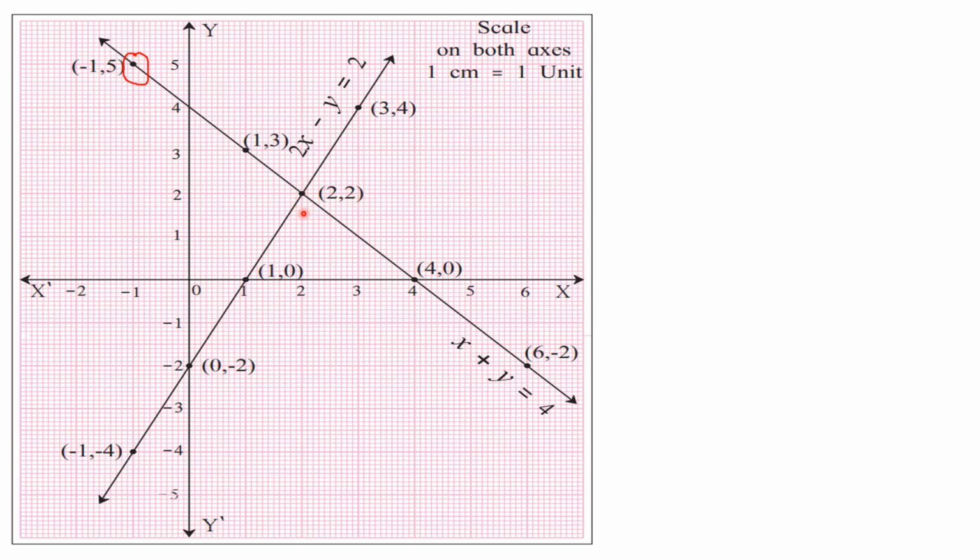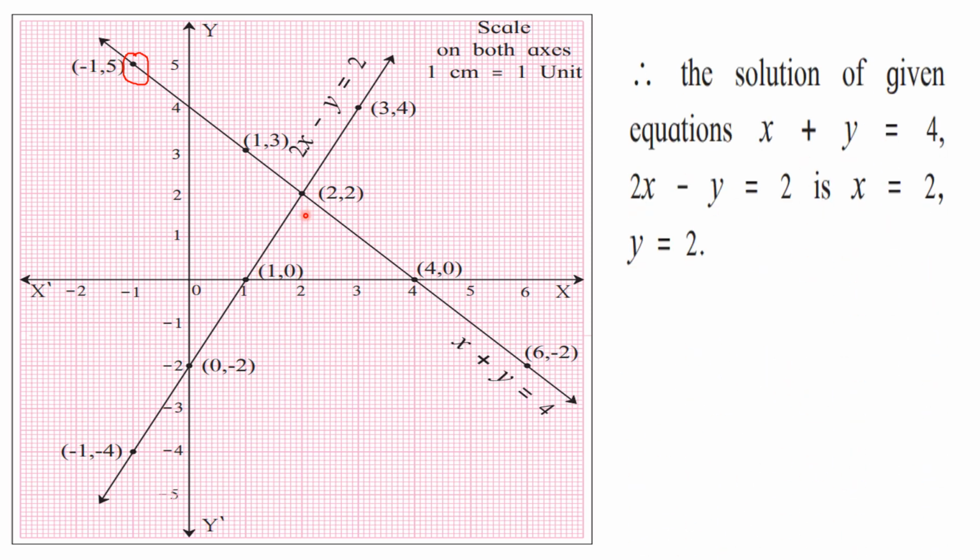So this point of intersection is the solution of the equation. Okay. So either you can write down the answer in the form of ordered pair, that 2 comma 2 is the solution of the given equations, that are x plus y is equal to 4 and 2x minus y is equal to 2. Or you can write down in this way, that the solution of the given equations x plus y is equal to 4 and 2x minus y is equal to 2 is x is equal to 2 and y is equal to 2.